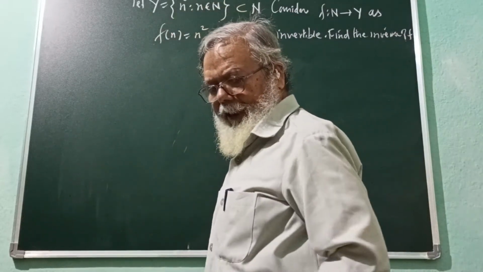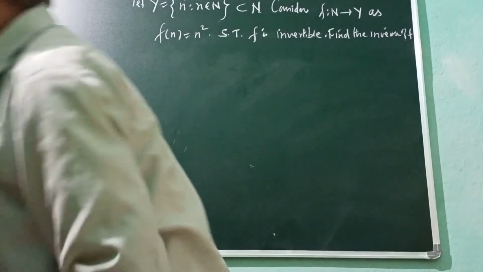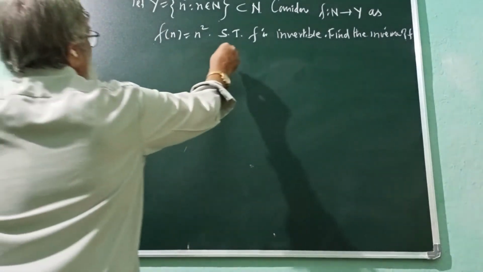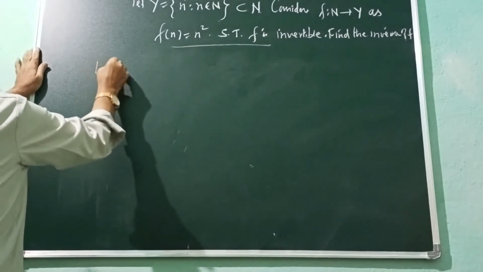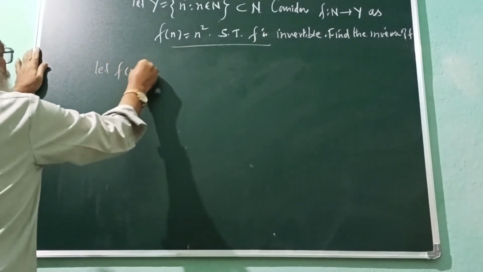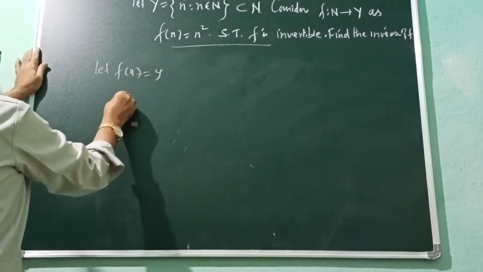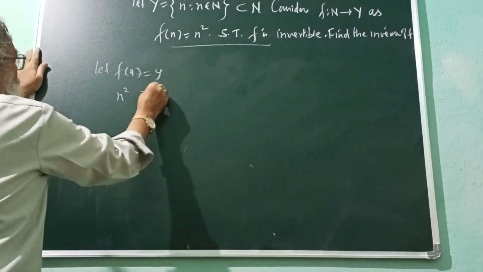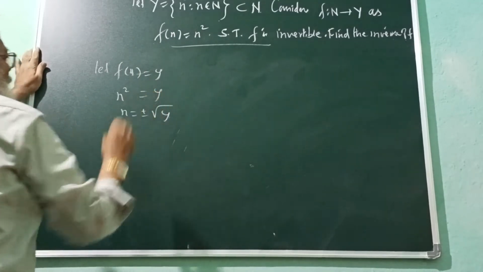Now, let us prove it first. Look here. Let f of x is equal to y. Then f of x is given by n square is equal to y, so n is equal to plus or minus under root y.